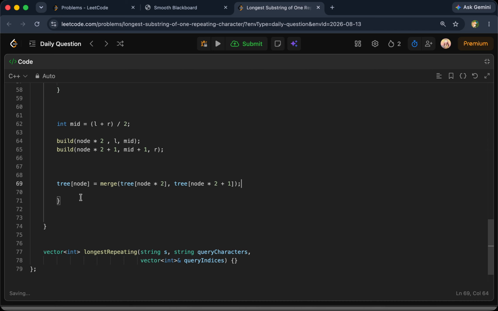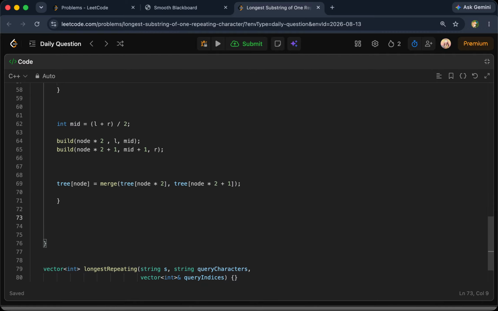So now we have to add an update function also. Void update, with node, left and right, and idx and c.